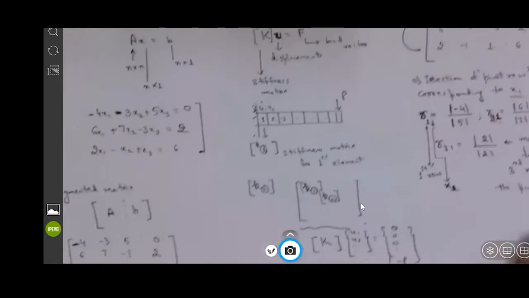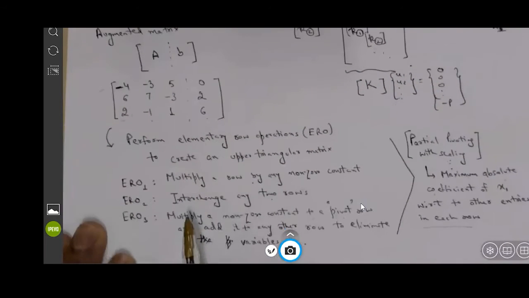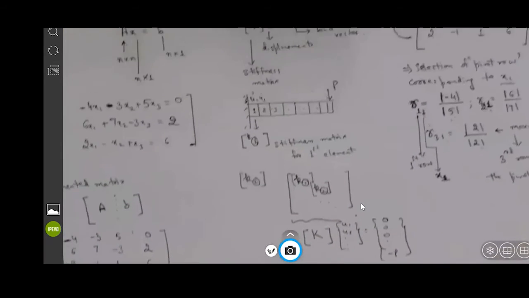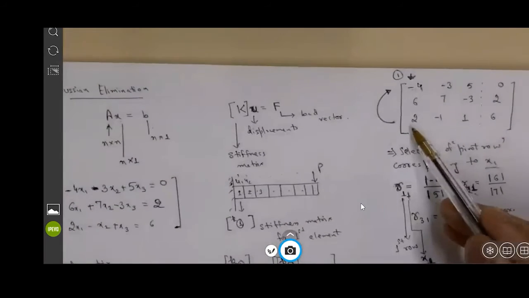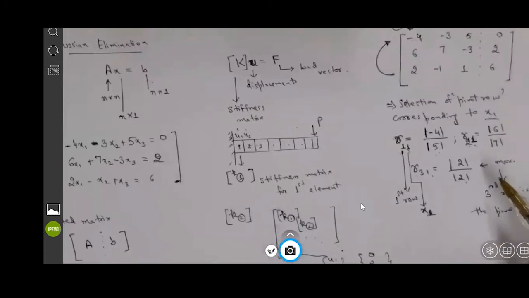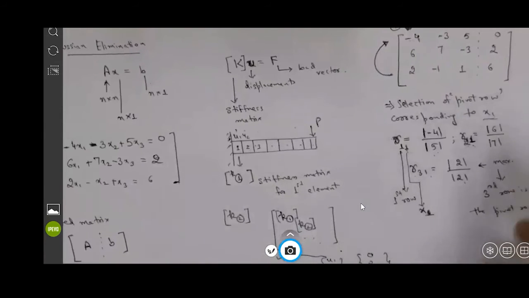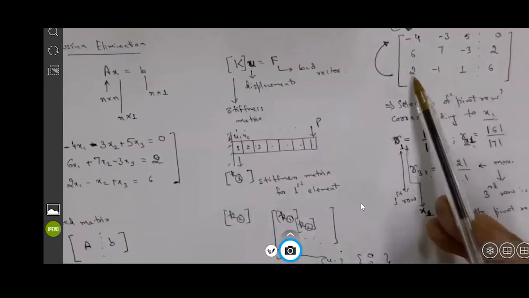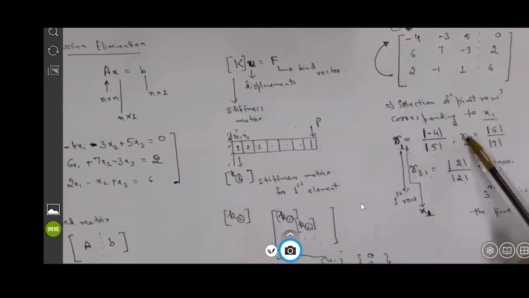That is elementary row operation number 2, interchange: you can interchange any 2 rows. I am picking the third row because of partial pivoting, this technique of finding the maximum relative value of X1 with respect to other entries. By calculating all these R values, I found that the third row has the maximum coefficient.